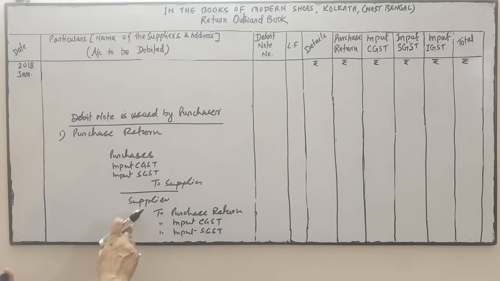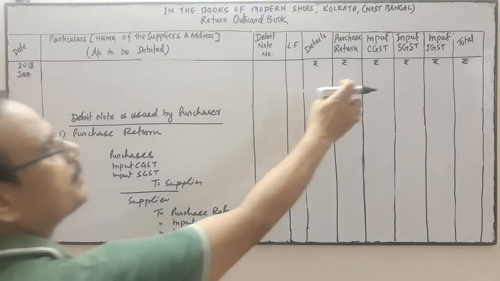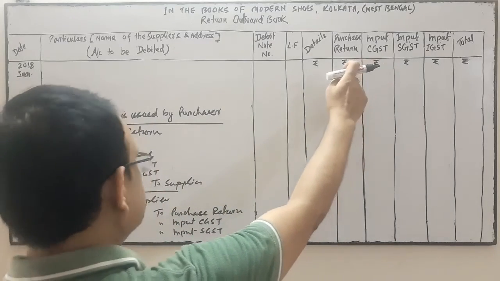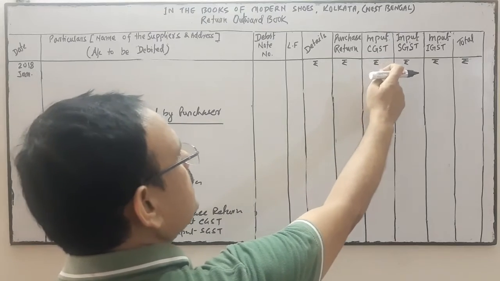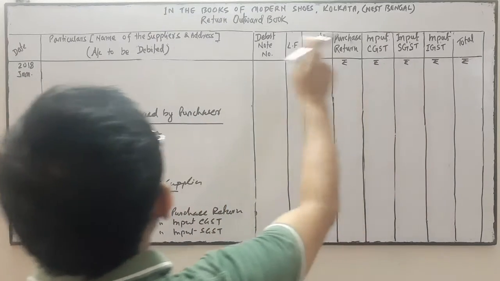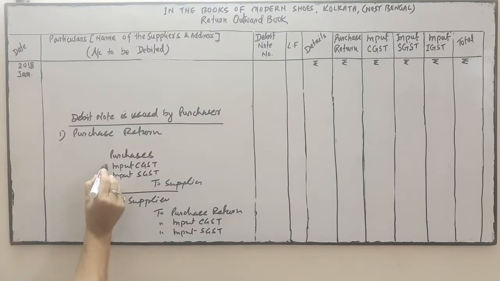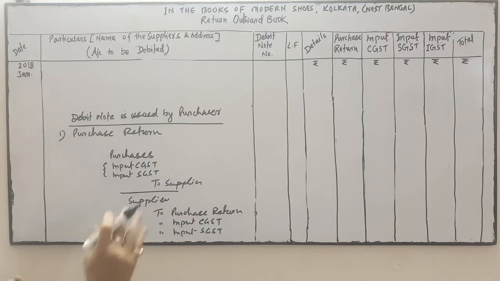So at the time of purchase return, these two accounts are credited: input CGST and input SGST. So purchase return will be credited, input CGST and input SGST credited, and the supplier's account will be debited. This is when it is intra-state, within the same state.